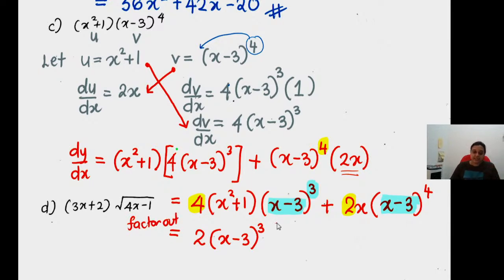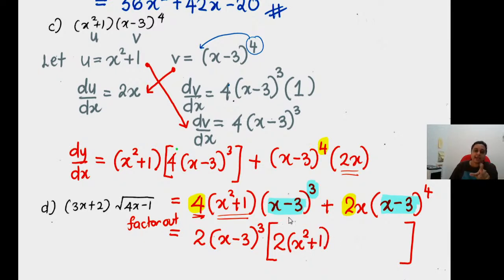After you factor out, put a big bracket. This one is to write the remaining. The balance all we still have to write down, right? So now I'm going to write the remaining. For the first part, number 2 is out already, but here is number 4. So 2 times 2, you get 4. Then here got x squared plus 1. So this one I have to copy back, x squared plus 1.